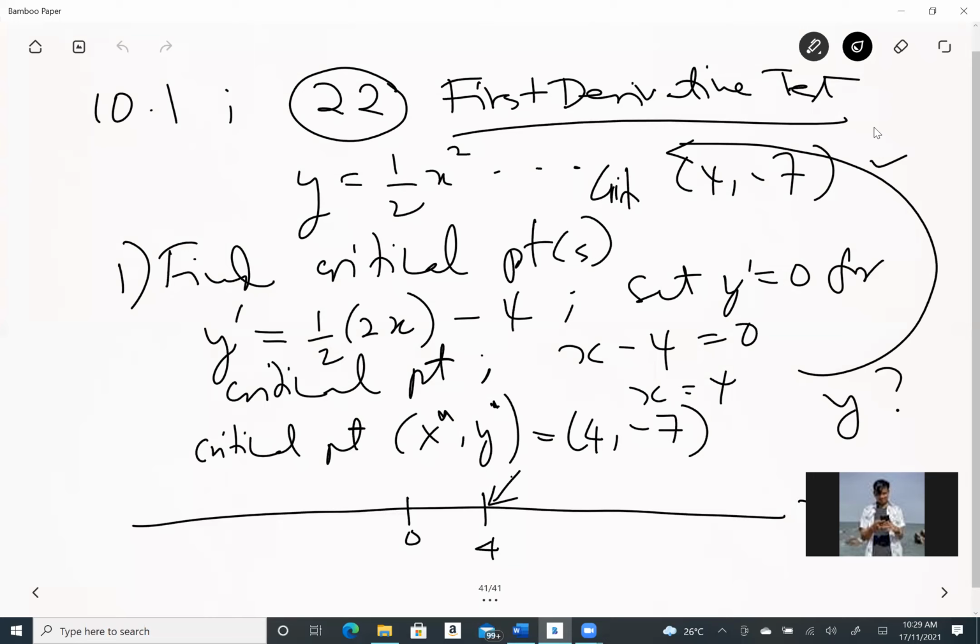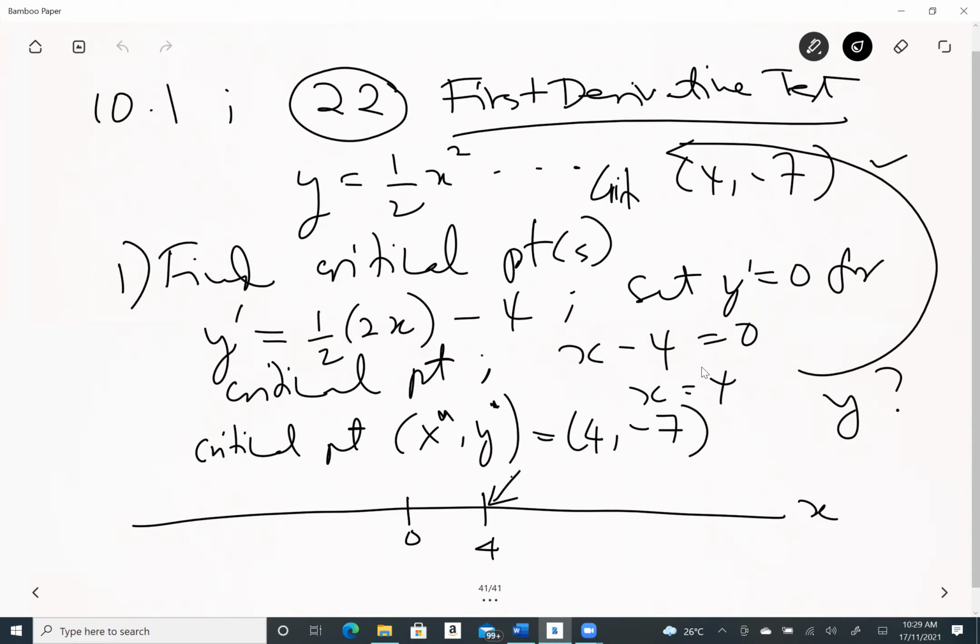We don't want 1 point, we want the interval. Try. 4 to infinity, sir. Okay, that's one interval: 4 to infinity.